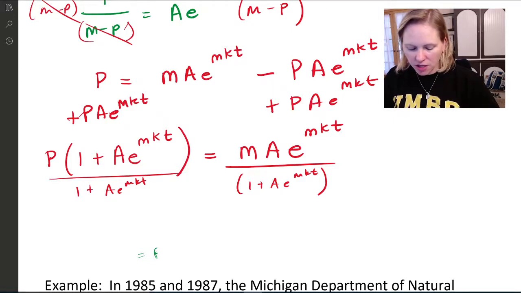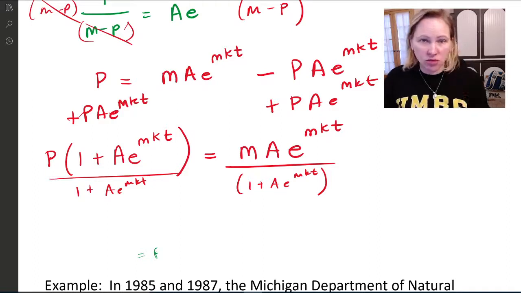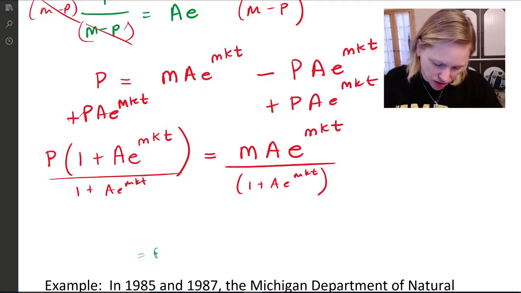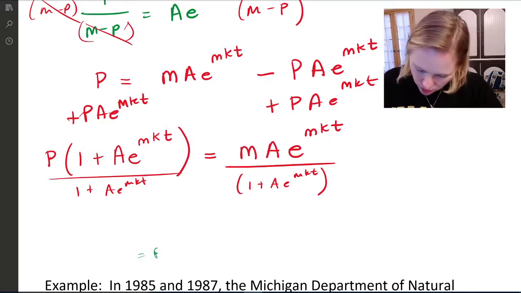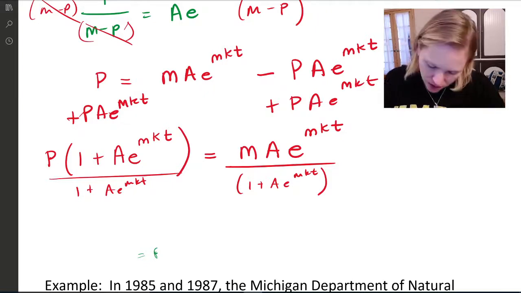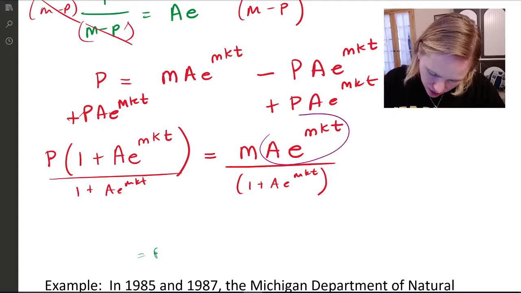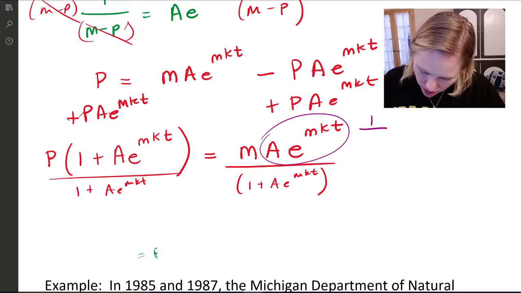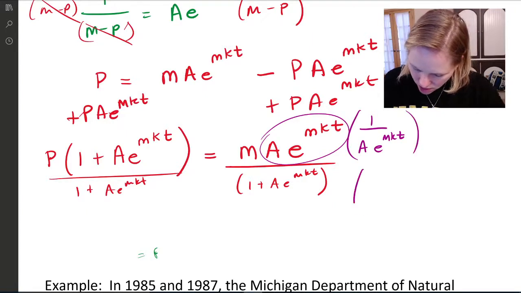And so there's a trick here that I can do to make this a little simpler. And the trick is this. I can multiply the top and the bottom, because remember, in my solution, I just have m in the numerator. So I can actually take the top and the bottom, and I can multiply them by the same thing. I'm going to multiply the top by this quantity, and I'm going to multiply the bottom by this quantity. Watch what happens.